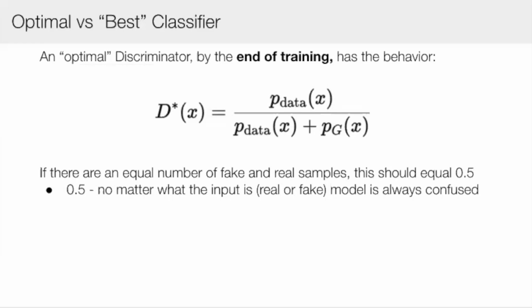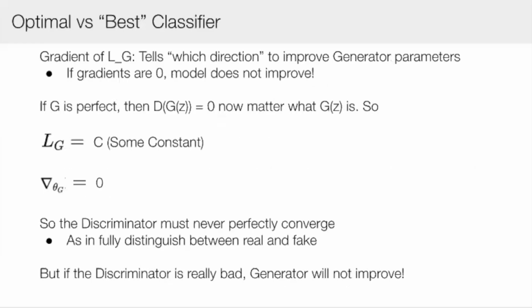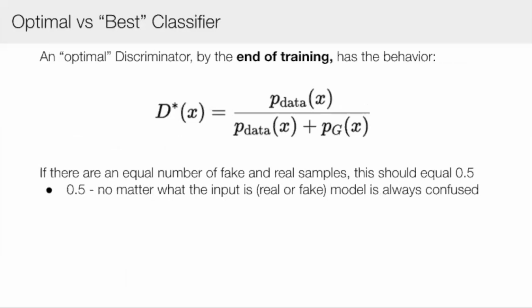Again, if our discriminator is ever 100% confident of what's real and fake, the moment that happens, we're forced to stop training because zero gradients means no training. If instead our generator becomes really smart, our discriminator is always confused.